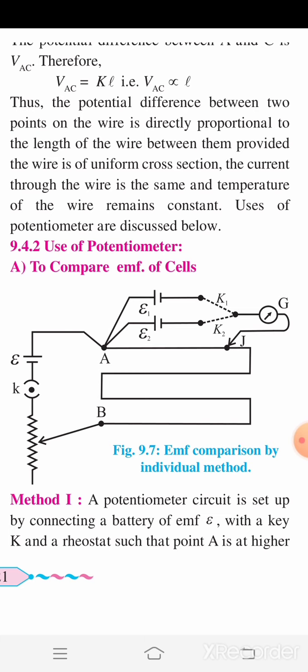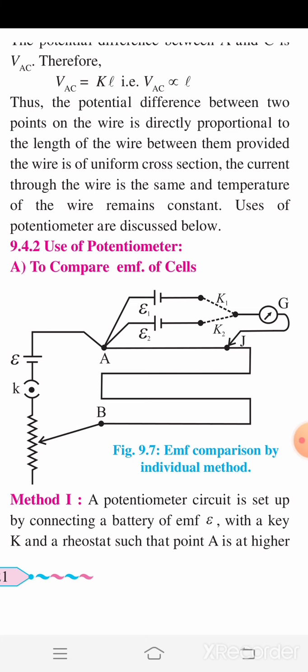In this video, we will study the uses of potentiometer. There are three uses of potentiometer. The potentiometer instrument is used to measure potential difference as well as EMF of a cell. The second use is to compare the EMF of cells. And the third use is to measure the internal resistance of a cell.